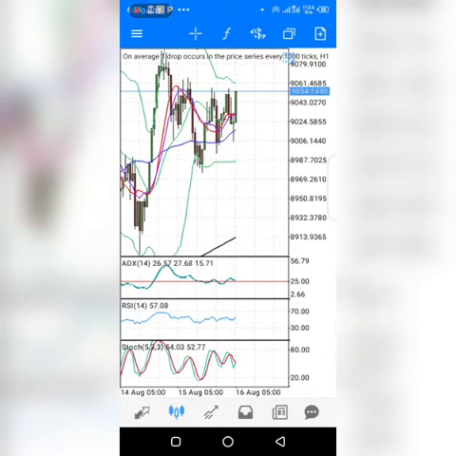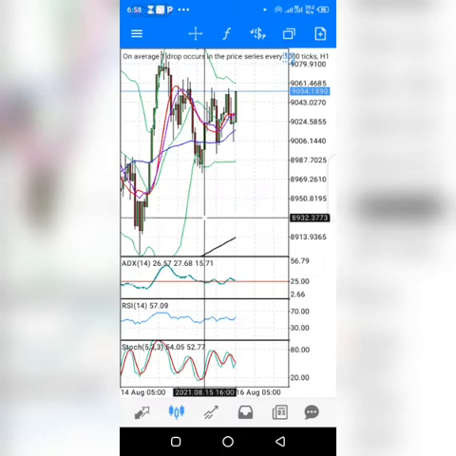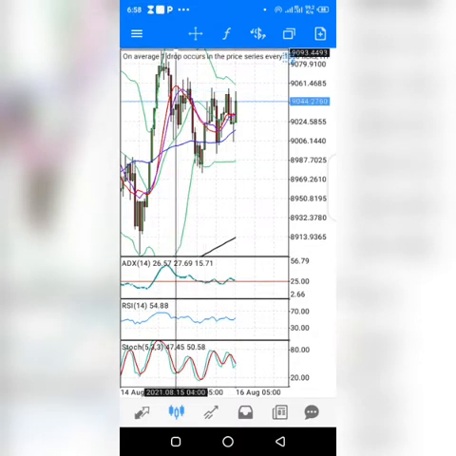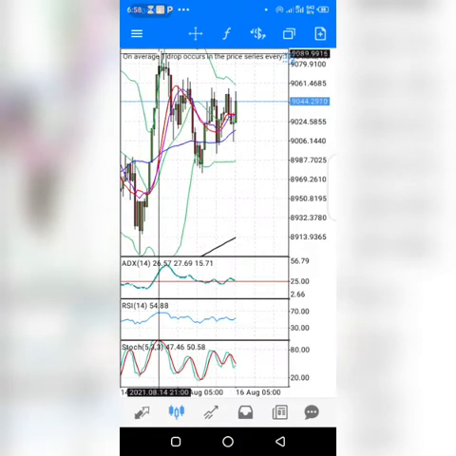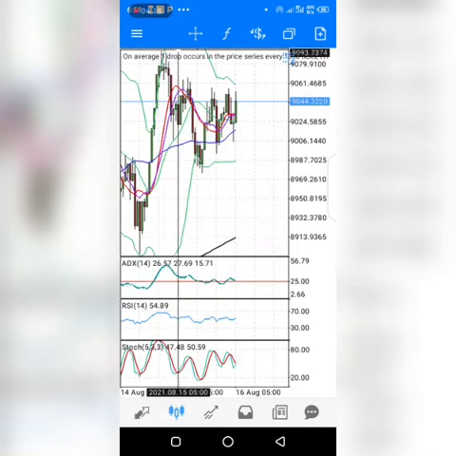What is a swing high? A swing high is the highest peak, the highest point of a trade. That is your peak point, which is over here.